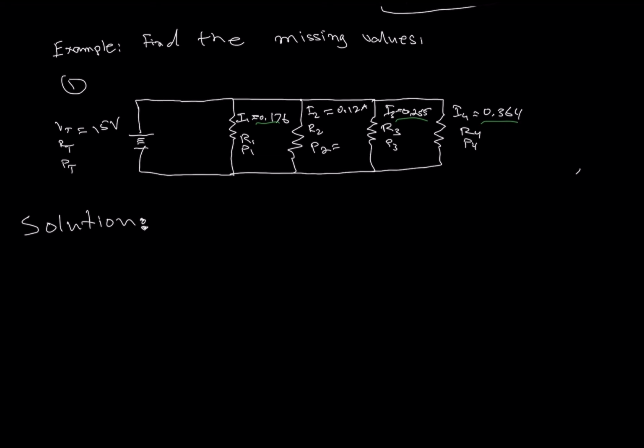Since we have the currents, we can find IT. Total current will be the sum of all the individual currents: I1 plus I2 plus I3 plus I4. That will be 0.176 plus 0.12 plus 0.255 plus 0.364.